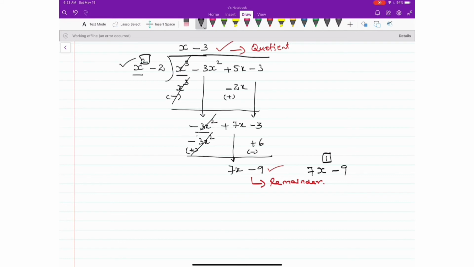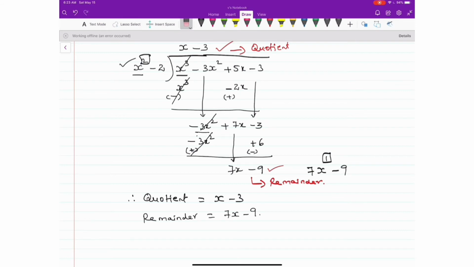So, you have to write, therefore, quotient is equal to x minus 3 and remainder is equal to 7x minus 9. Of course, I told you the answer has to be written separately once again, for which the marks will be allocated in the board examination.